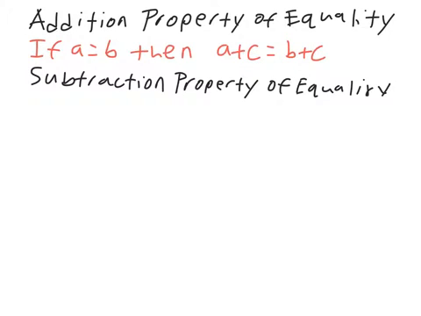The subtraction property of equality says if A equals B, then A minus C is equal to B minus C. So again, if A and B are equal, then subtracting the same number will still keep them equal.